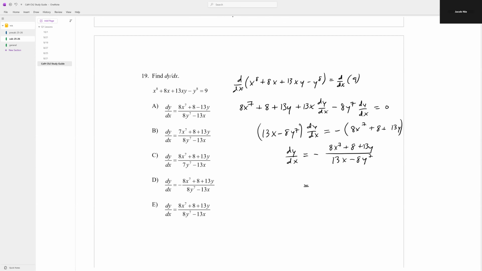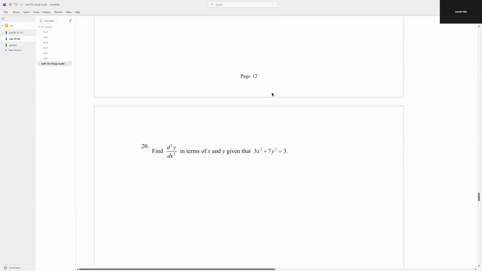So I multiply the denominator by this negative here. So that's going to give me 8x to the 7th plus 8 plus 13y over 8y to the 7th minus 13x. I think that matches choice E. And so I'm done. Let's do the next one.